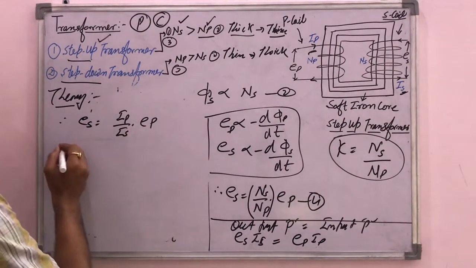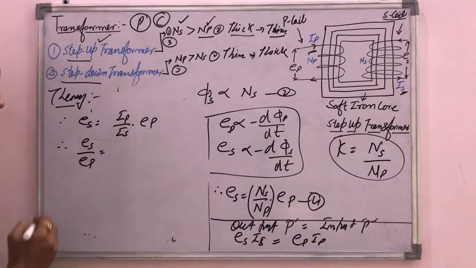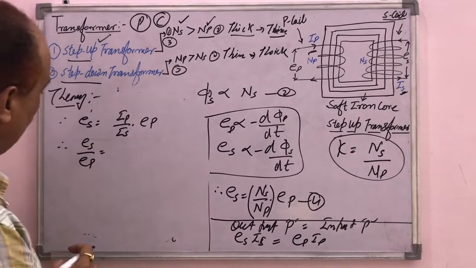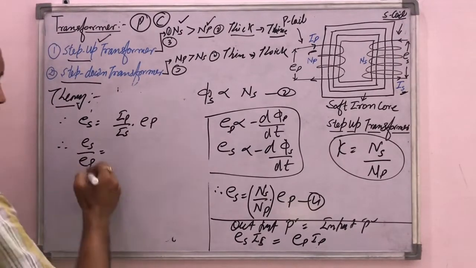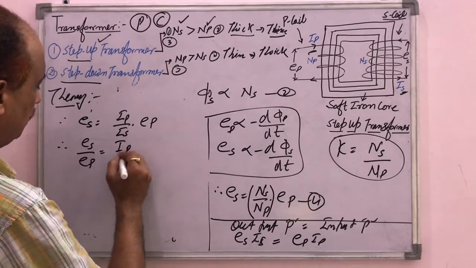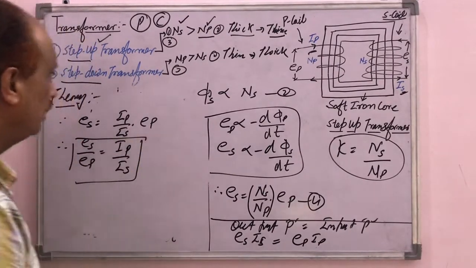If we write the equation like this, with Ep written on the left side, in the denominator, Es upon Ep will be equal to Ip upon Is. So it is the most important equation.